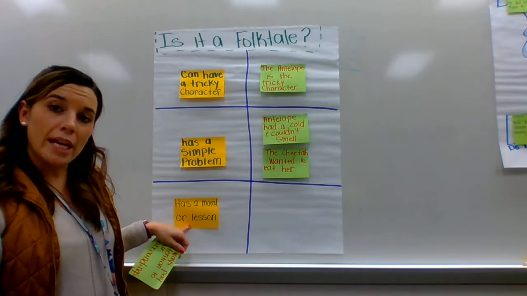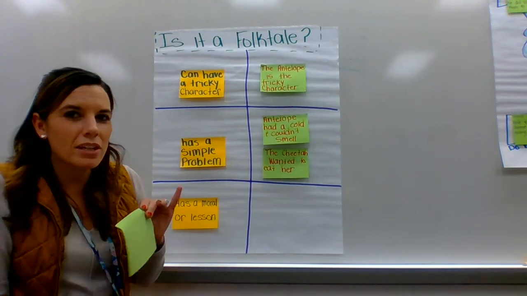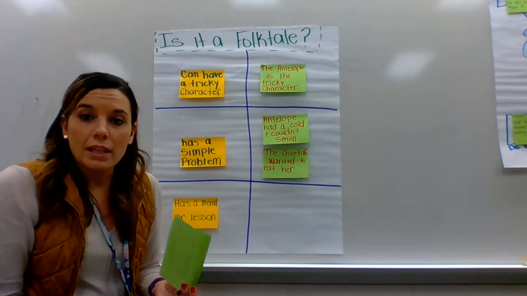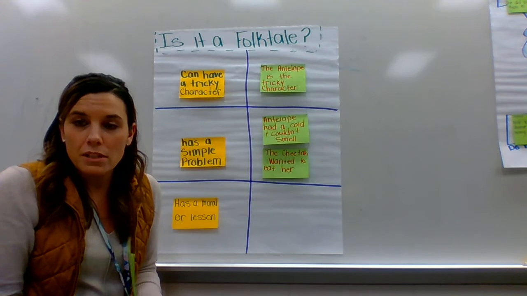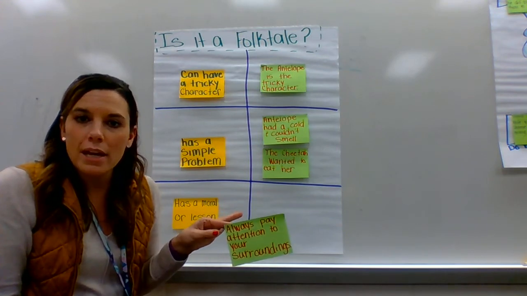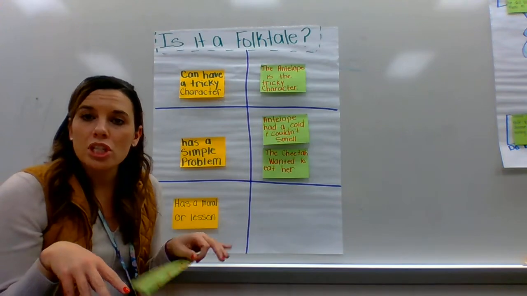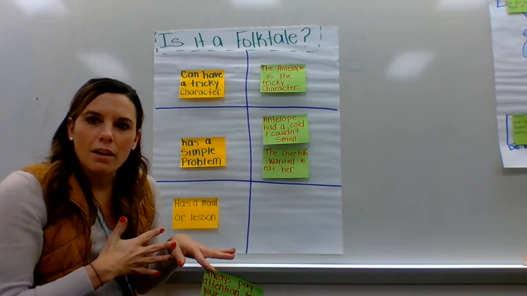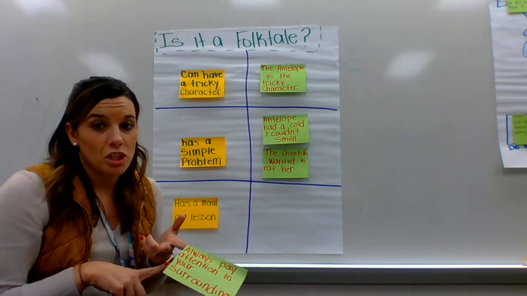Does this story have a moral or a lesson at the end of it? This one's kind of hard to figure out with this story, okay? But I'm thinking that the moral of the story for the antelope would be to always pay attention to what's going on around you. Because remember, she was just standing there, her eyes were closed, she couldn't smell, so she didn't know that all her friends had left, and she couldn't smell the cheetah.